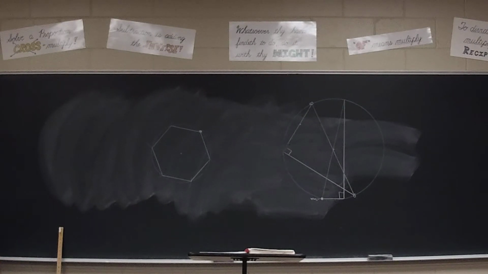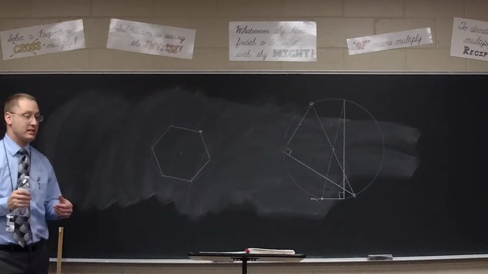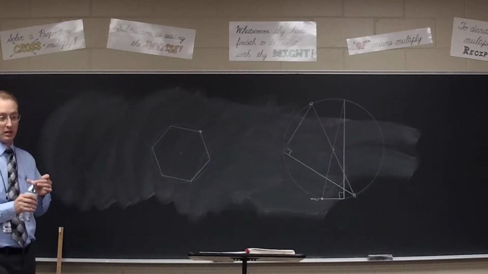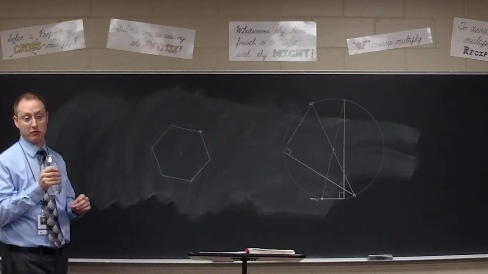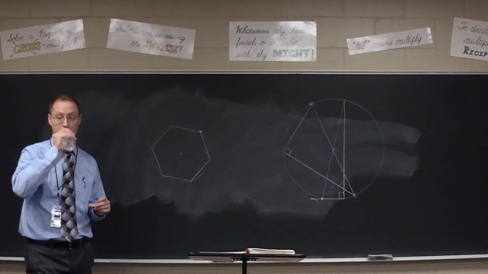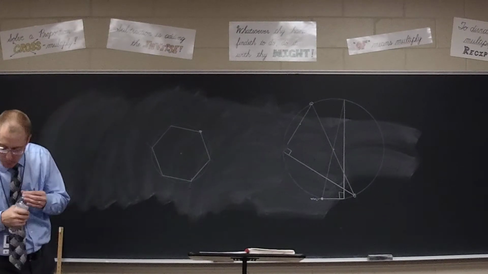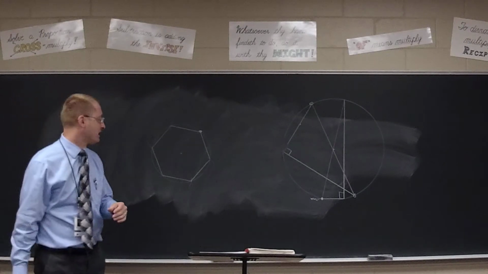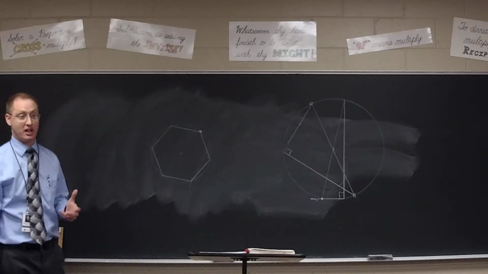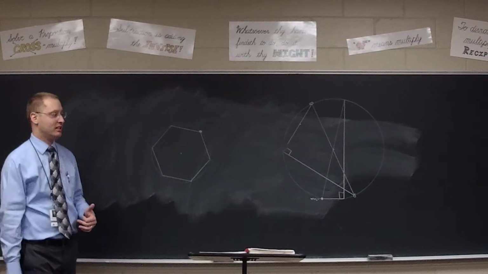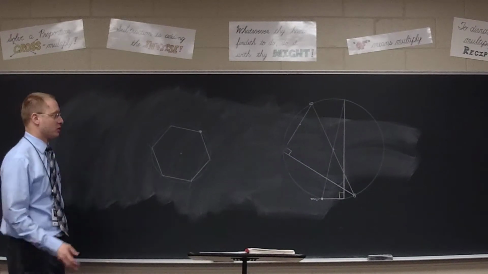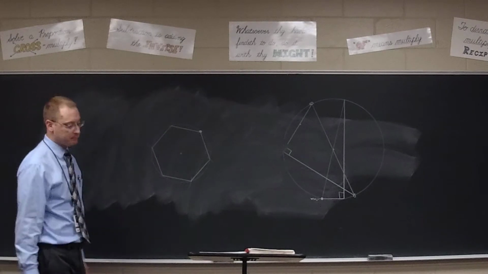So a quick, easy way to construct a regular hexagon. Notice I did say construct, not draw, because you didn't use any tools of measurement, did you? Unfortunately, you can't use this method to construct anything but regular hexagons. So if you want an octagon, a heptagon, a pentagon, it doesn't work. This only makes hexagons, but kind of a neat way to do it.